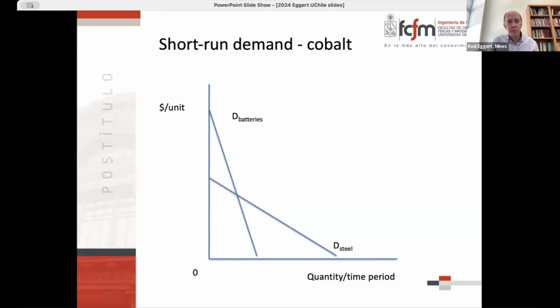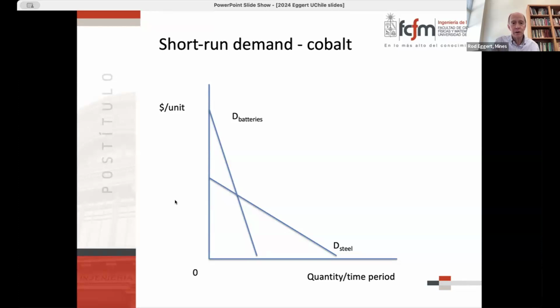But in the battery space, if you are manufacturing lithium-ion batteries with nickel, manganese, cobalt cathodes, there's less flexibility because you need a certain amount of cobalt, at least in the short run. Now, what will the total demand curve look like in this case?